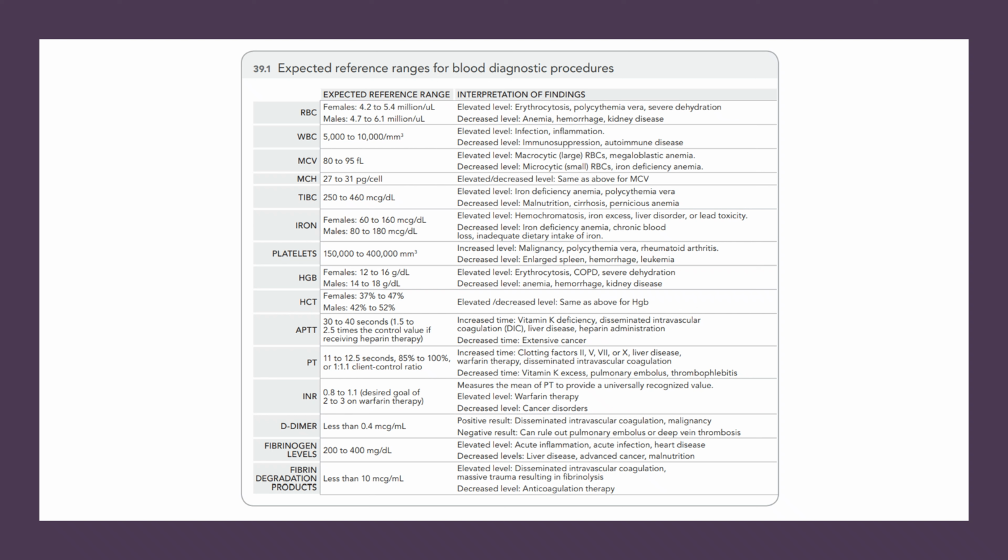Why are they important? A high count usually means infection or inflammation is brewing, while a low count can indicate a weakened immune system. Hemoglobin, this is a protein inside your red blood cell that actually binds to oxygen.